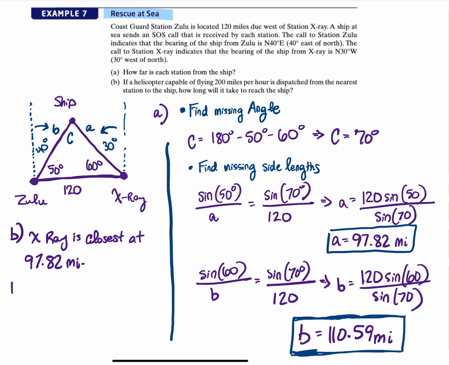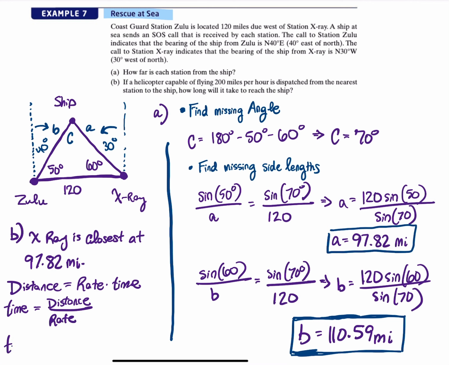Well, if I know distance is rate times time, if I know something is going 200 miles per hour and it flies for some number of hours, that'll give me the distance that it traveled. Well, we can rearrange this and say the amount of time that goes by is equal to the distance traveled divided by the rate.